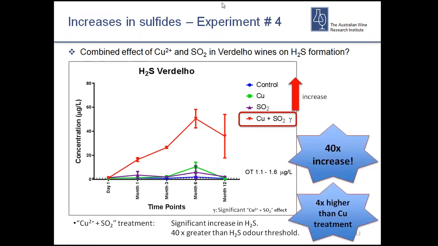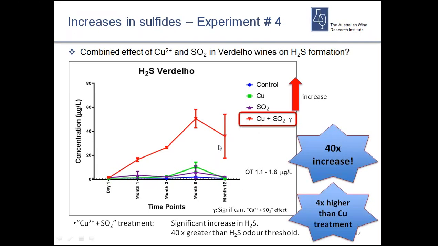Here you can clearly see that when we treated the samples with this combination of copper and SO2, we got significantly increased hydrogen sulfide concentrations. At the end of the experiment, we had a 40 times increase over our control samples, and that is also a 40 times increase over our aroma threshold. So these wines were enormously stinky.